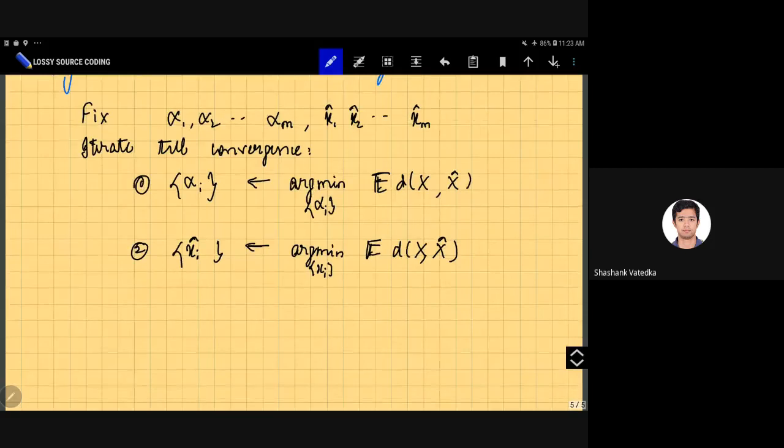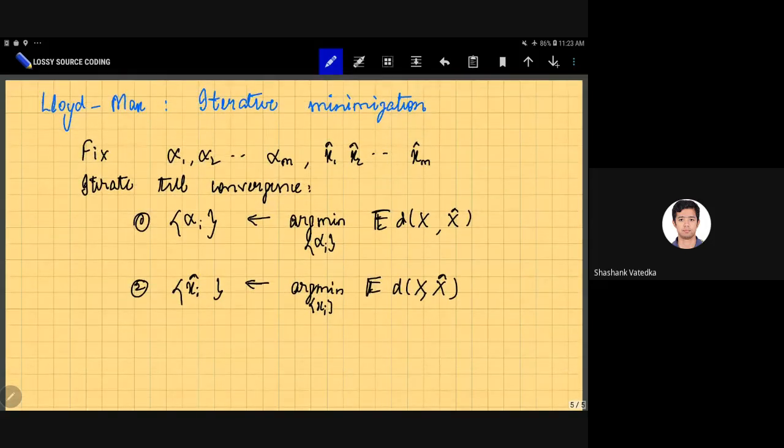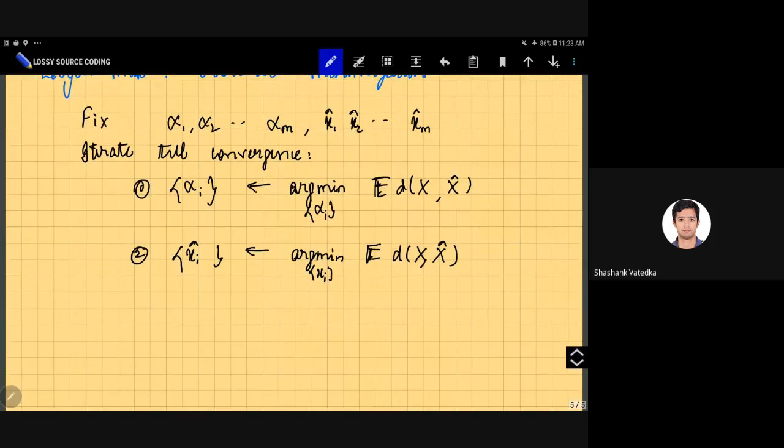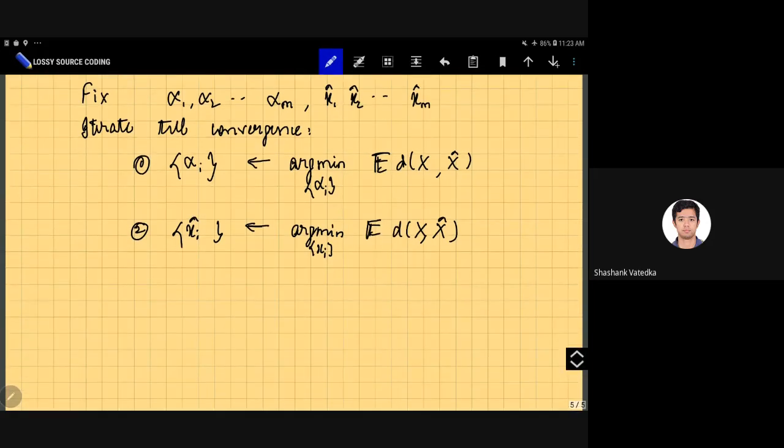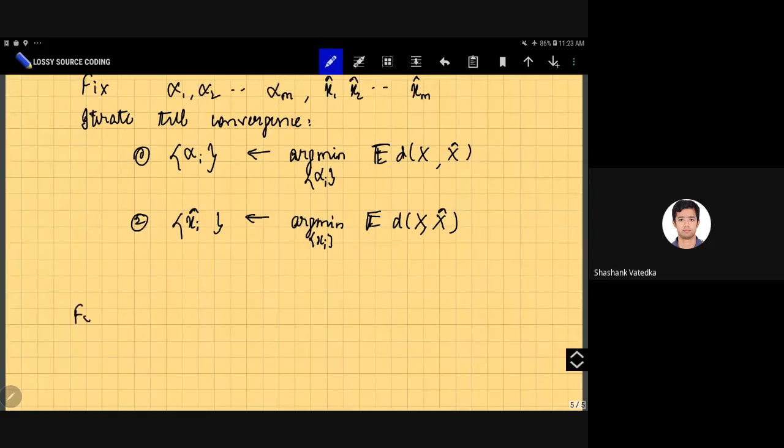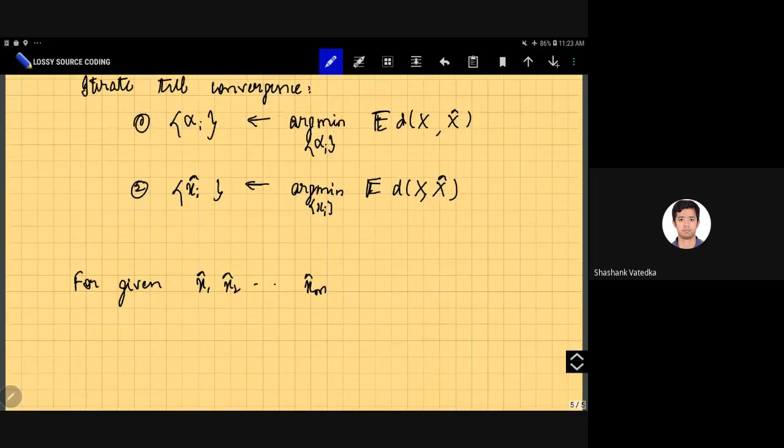That is the basic principle behind the Lloyd Max algorithm, and now let's try to derive it. We'll fix the thresholds in a particular way. For given x1 hat, x2 hat up to xm hat, the minimizing alpha i's are midpoints.